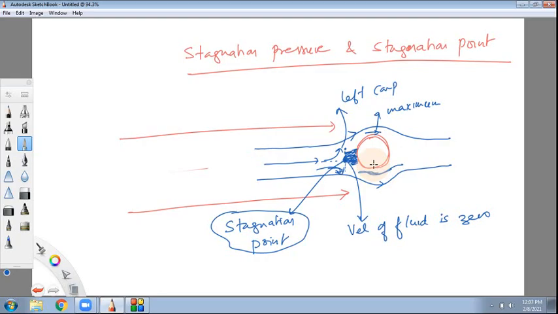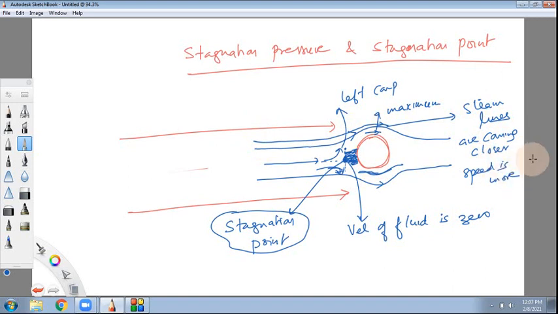It is because the streamlines are trying to come closer. When streamlines come closer, the fluid speed will increase. So at the sides here, streamlines are coming closer. It is like going through a constriction, a narrow passage. So here the speed of the fluid is more.